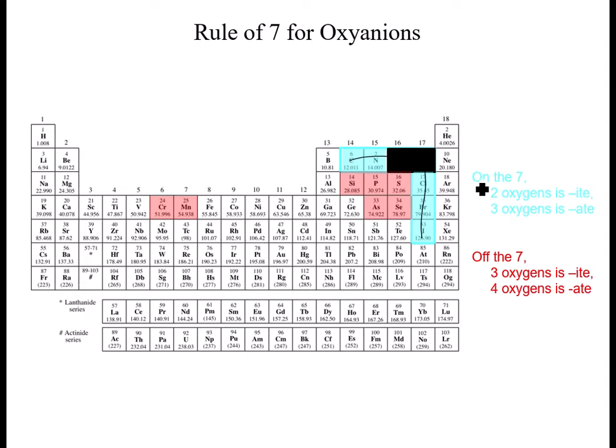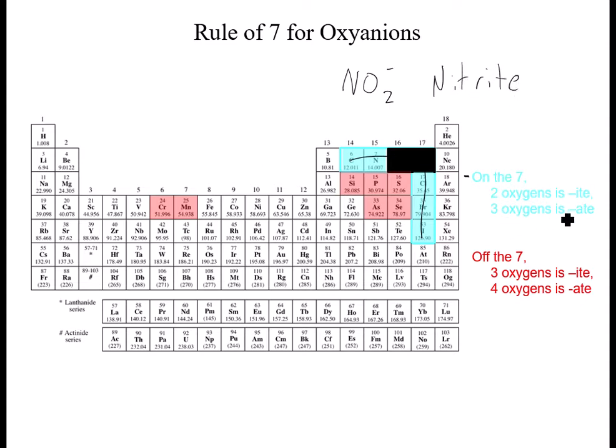Okay? So on the oxygen, in green, blue-green, 2 oxygens means it's an ITE ending. So when I have NO2 minus, it is nitrite.